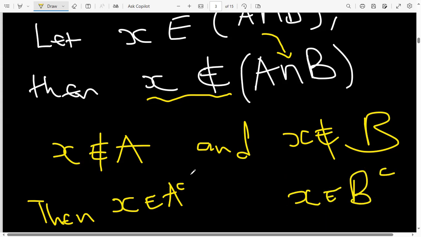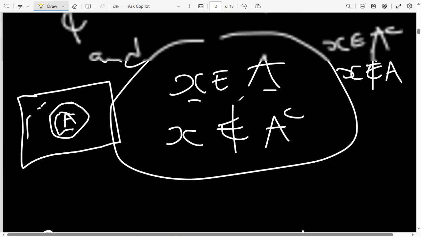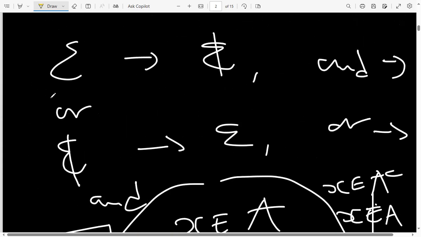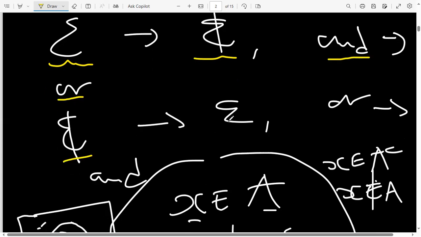And then remember what I said. If you change this sign here, where did I write that? I said if you change from member of to not a member of, the and changes to or. Remember? And then if you change from not a member of to member of, the or changes to and.